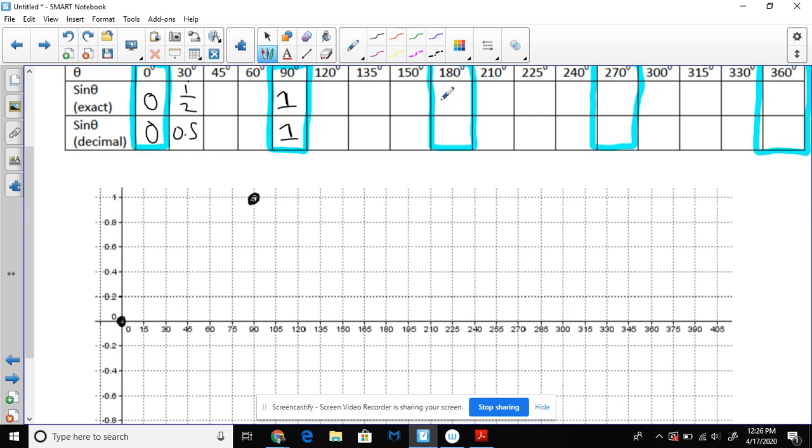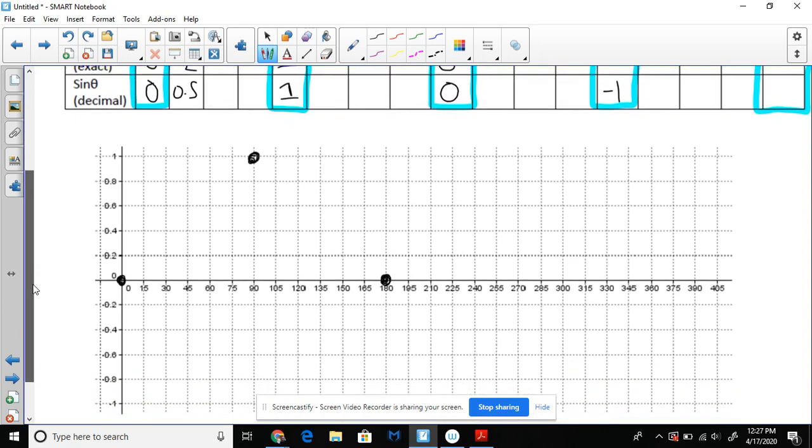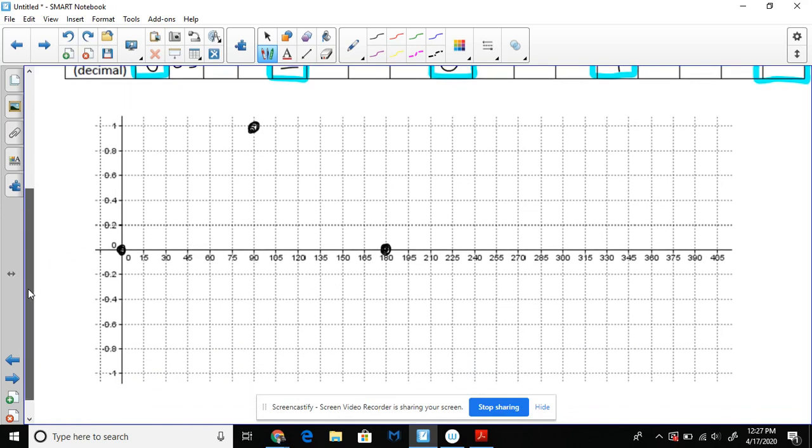When you did sine of 180, right, you got 0. So then I put a big dot there. 270, you should have got -1. So let me just put a dot there at -1.